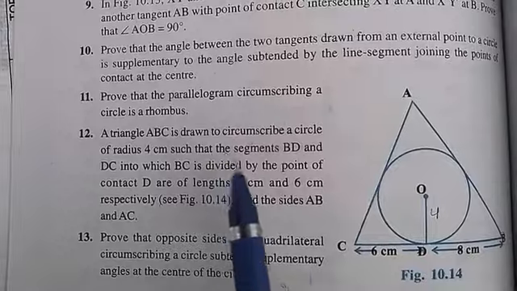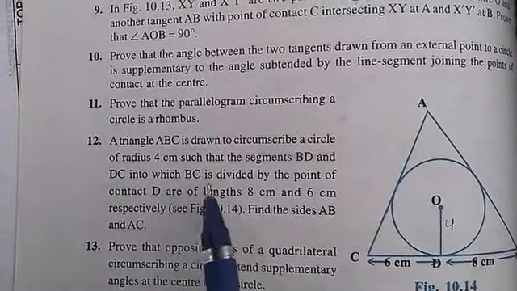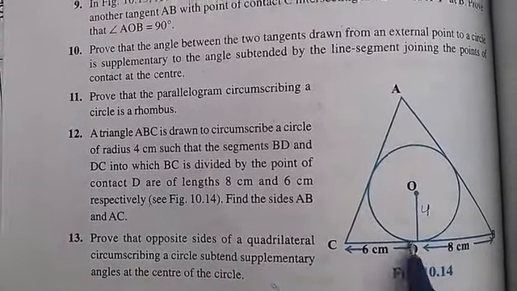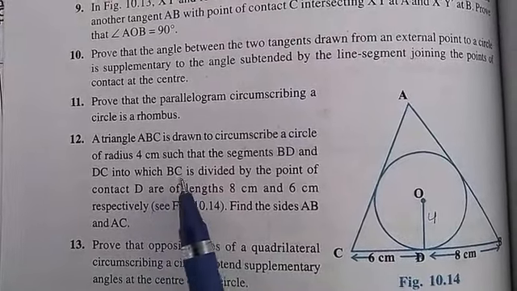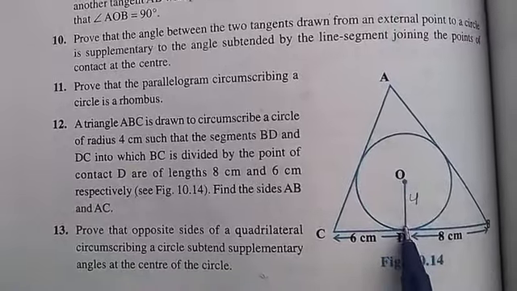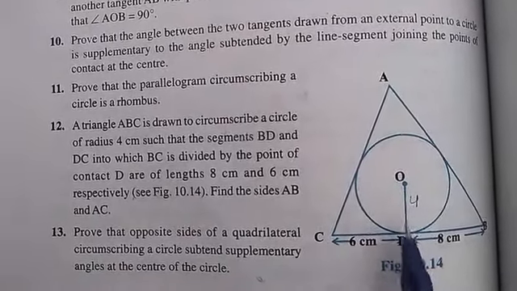Such that the segments BD and DC into which BC is divided by the point of contact. What is the point of contact? The common point of the tangent to the circle.